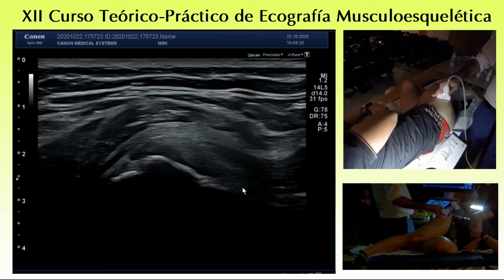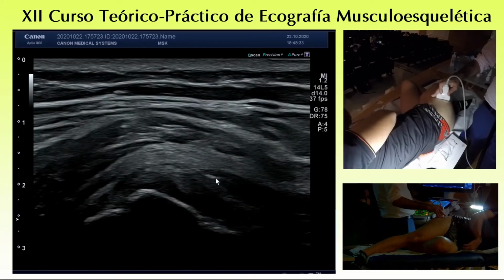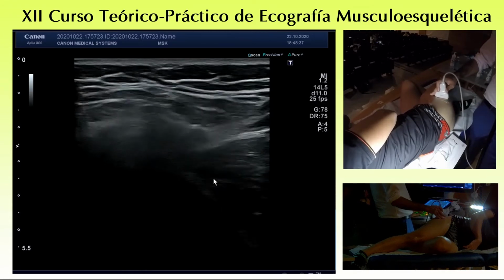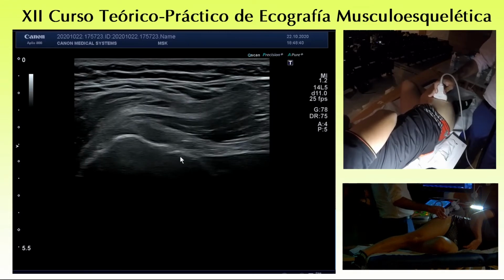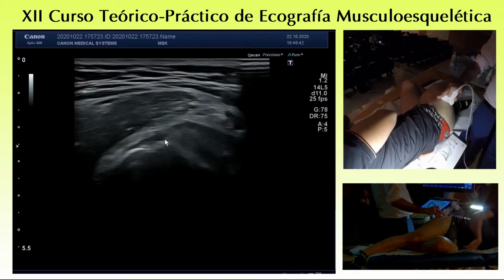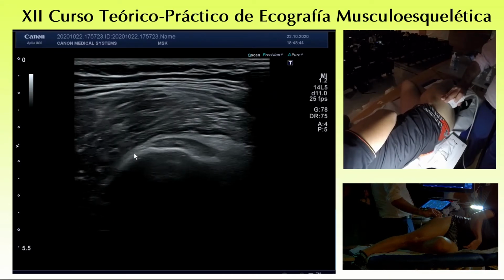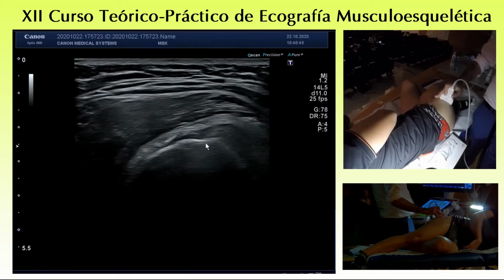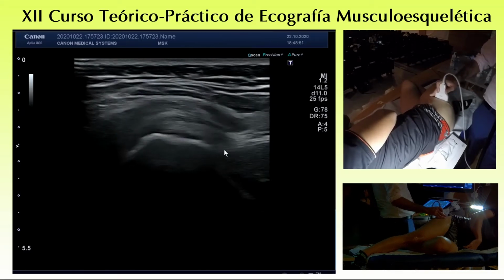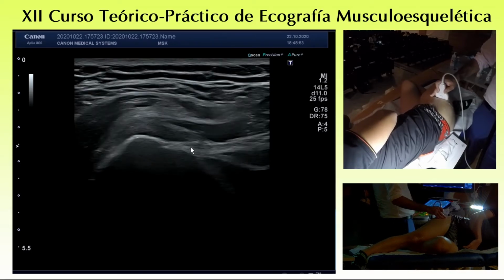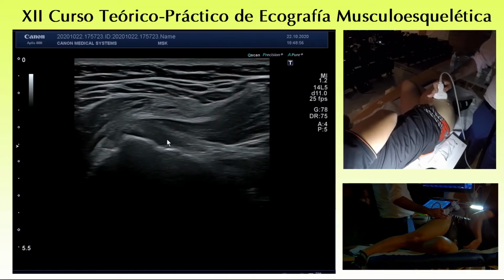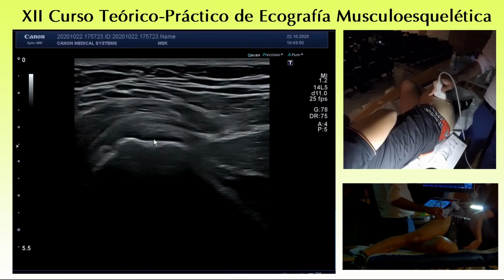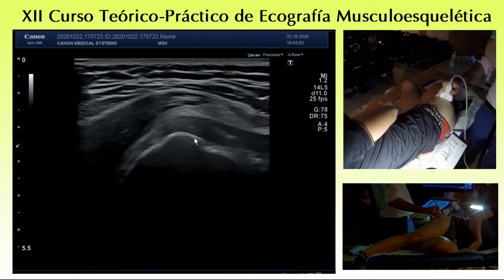It usually has a shape with an anterior facet, lateral facet, and a posterior facet. For each part of the trochanter, there are different structures that insert. On the anterior facet, you have the insertion of the gluteus minimus.